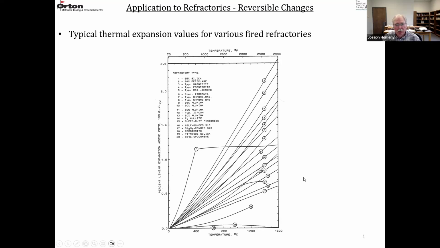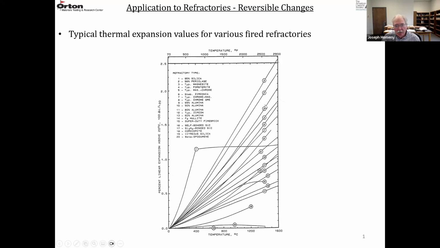I was going over some typical values of thermal expansion for different types of fired refractories. And this figure pretty much summarizes the thermal expansion for a whole range of refractory materials. So we have linear expansion versus temperature here in degrees C, goes up to about 1600 degrees C, and it's just 2.5.